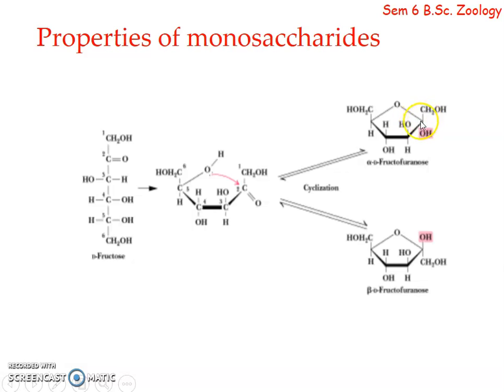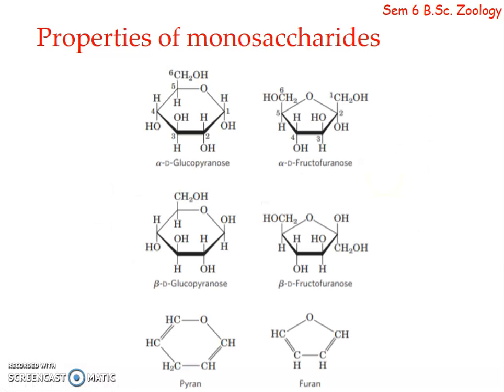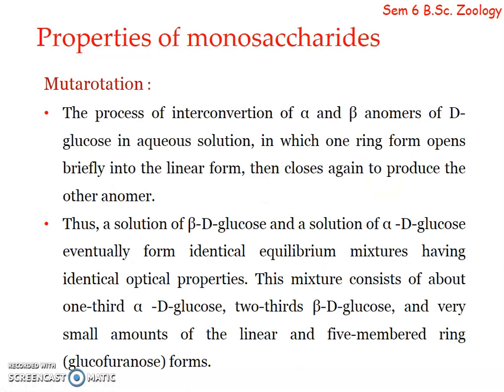Depending upon the position of the hydroxyl group on the second carbon, we can have two isomers. When the hydroxyl group is above the plane, we call it beta-D-fructofuranose, while when it is below the plane, we call it alpha-D-fructofuranose. This is the cyclization process which happens in the ketose, fructose. I hope it is clear.